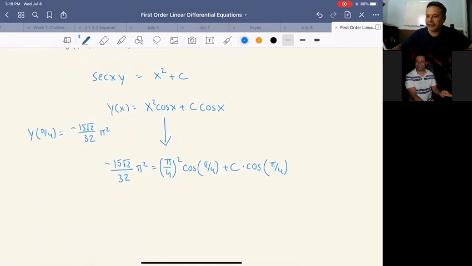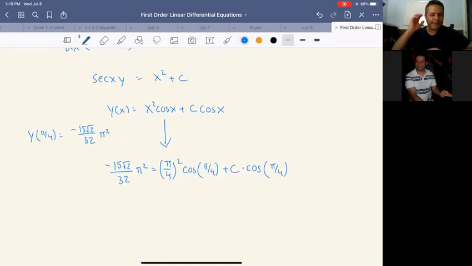So what is the cosine of pi over 4? No, it's not negative 1. That's right. The cosine of pi over 4 is the square root of 2 over 2.